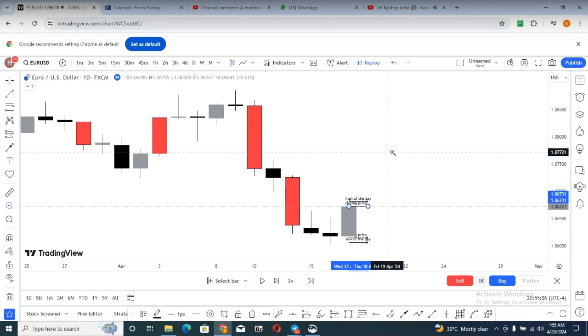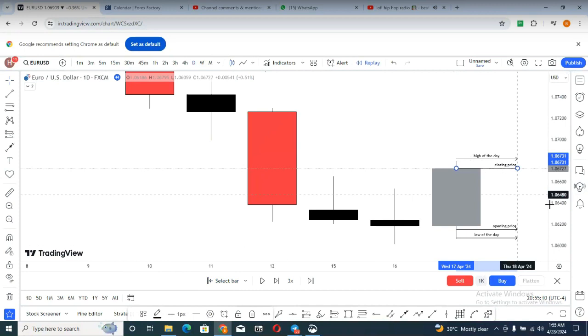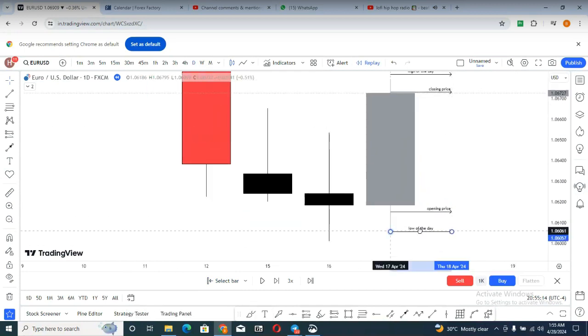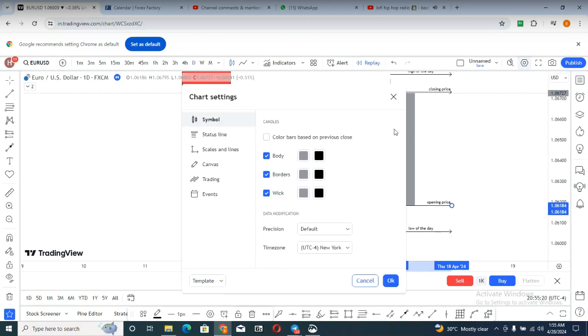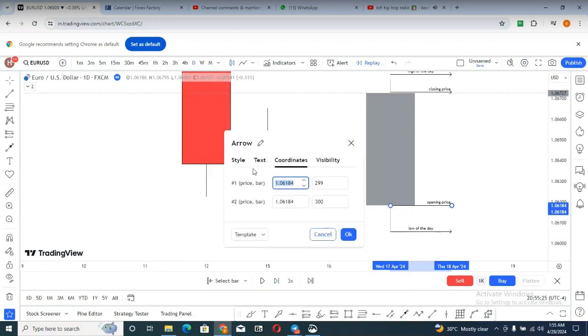I just want us to understand this. So price opened here. This is a typical example of a bullish candle also. You'll see the difference now.